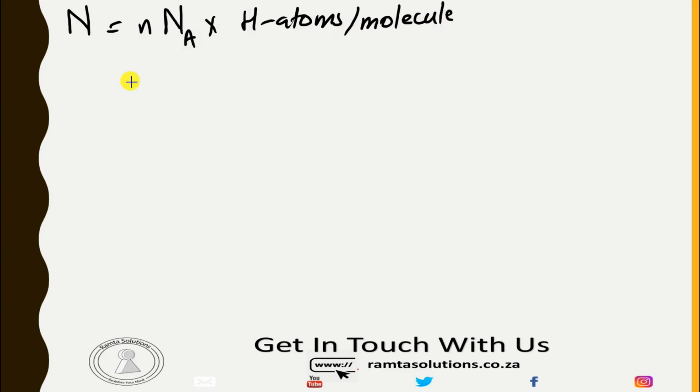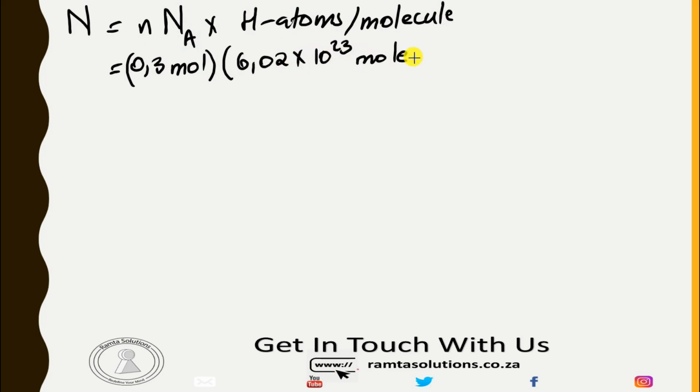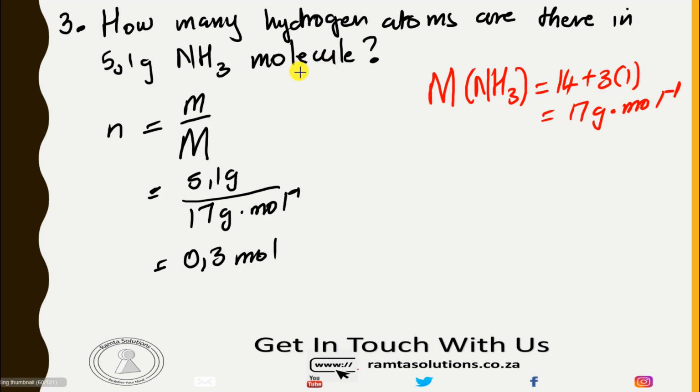The number of moles we got in this question was 0.3 moles, times Avogadro's number, 6.02 times 10 to the 23 molecules per mole, and then how many H atoms are there on the ammonia molecule?